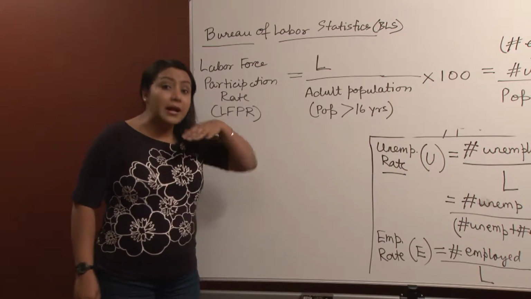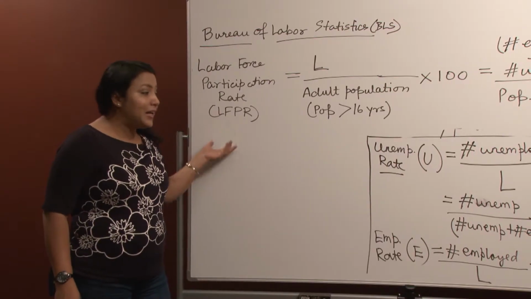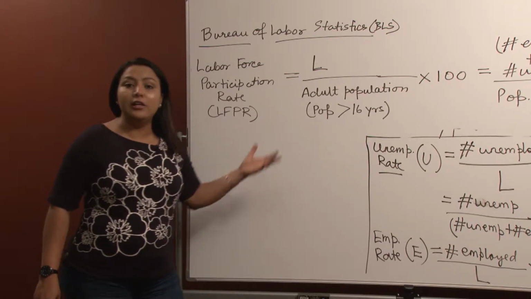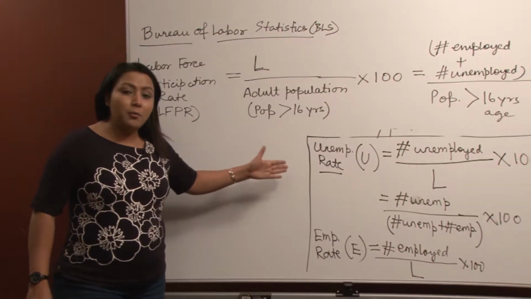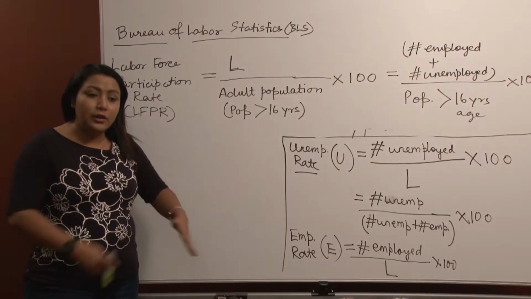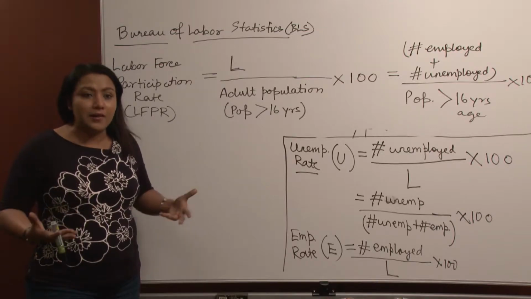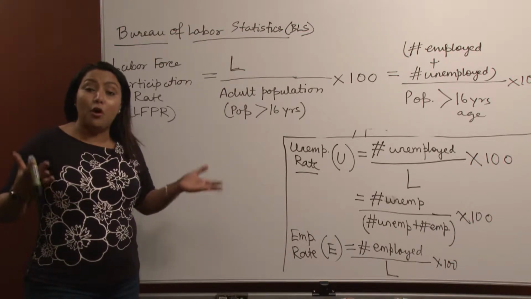It gives you a standardized way to compare between the labor markets, because in that case your unemployment rate or your employment rate really don't help. These are important only within the country. You could look at the unemployment rate of USA and say something about the status of the labor market of USA.